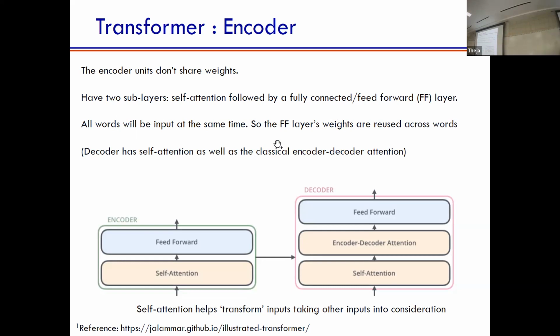We'll not talk about the decoder right now, but just to see how it looks: exactly like the encoder, except that a decoder, if you're generating a variable length output, would most typically be decoding one word at a time. Producing the first word, then using the first word as an input in some sense, and producing the second word, and so on. So that's why there's an extra encoder-decoder attention.